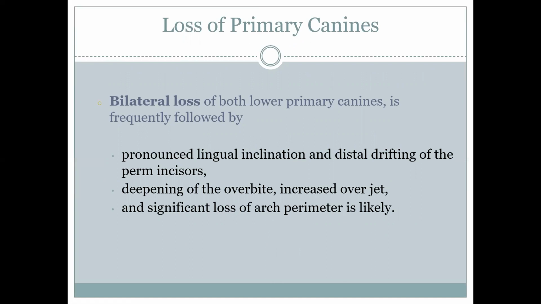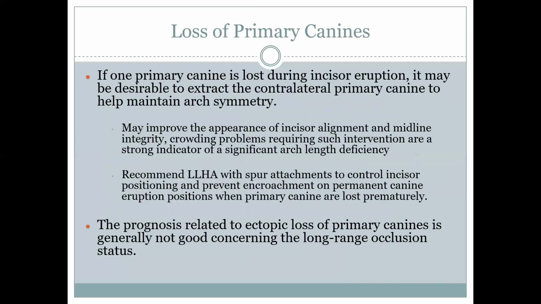And you may see that in some of the children that you see between the ages of 9 and 12. That's when I see it. You may see the overbite deepening with increased overjet, like more of a class 2 relationship, and a significant loss of arch perimeter is likely.